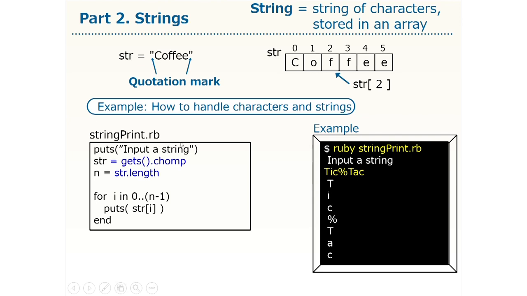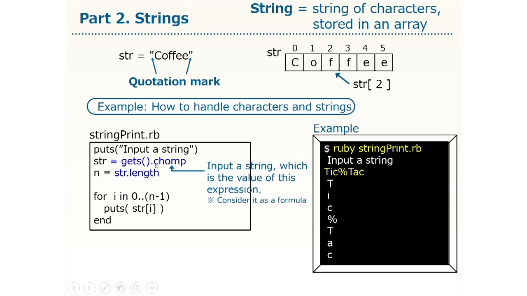The next one is the command to input a string and store it into the array str. More precisely, this gets.chomp is a command that forces the computer to wait for an input string. This gets.chomp is also an expression whose value is a string given from the human through the keyboard.